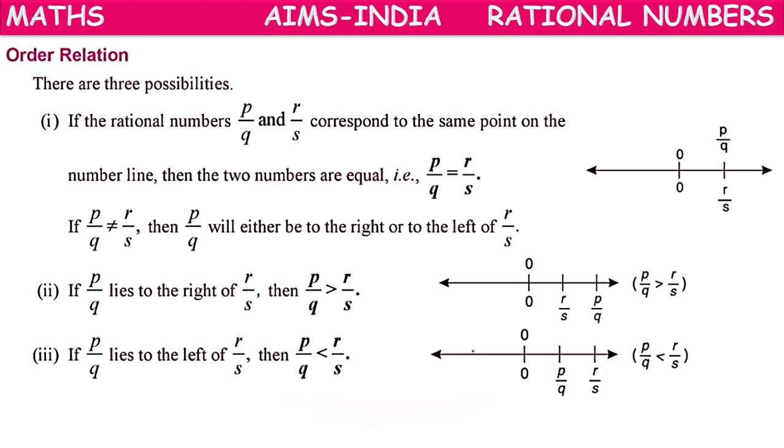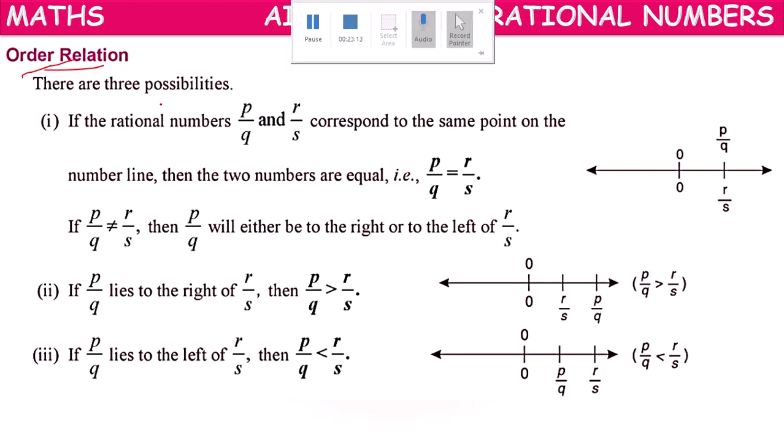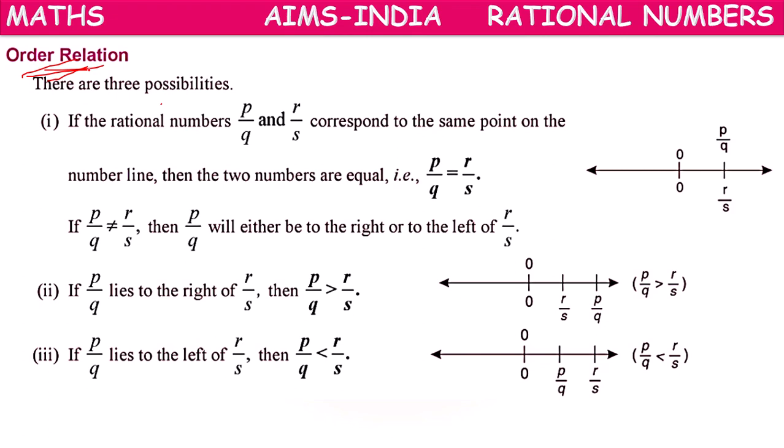Next, we have order relation. If we have two rational numbers, one is P by Q and another is R by S, then between these two rational numbers any one of the following orders may exist.